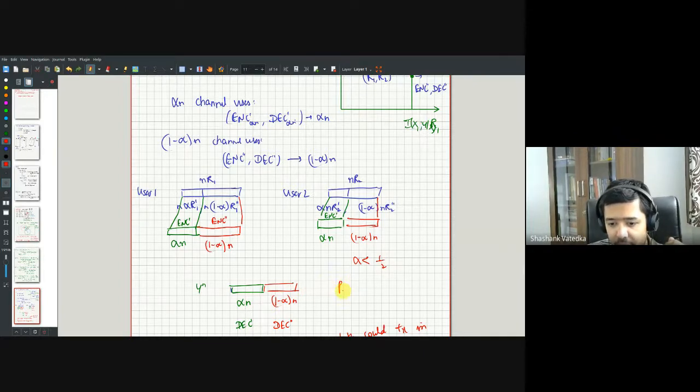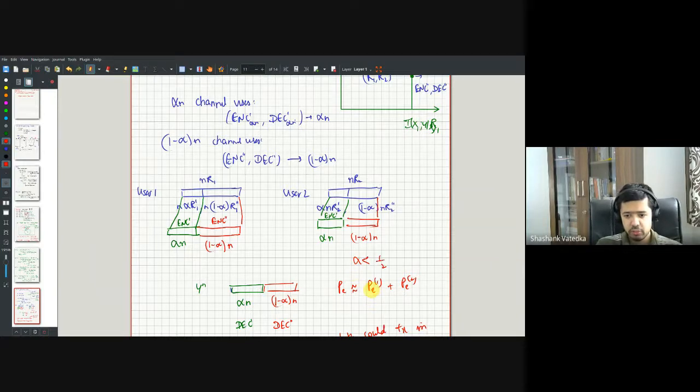So the probability of error is very close to the probability of error for the first block plus the probability of error of decoding the second block, which is of n minus alpha n channel uses. You get this using the union bound, but since the two blocks are independent, this is much closer.